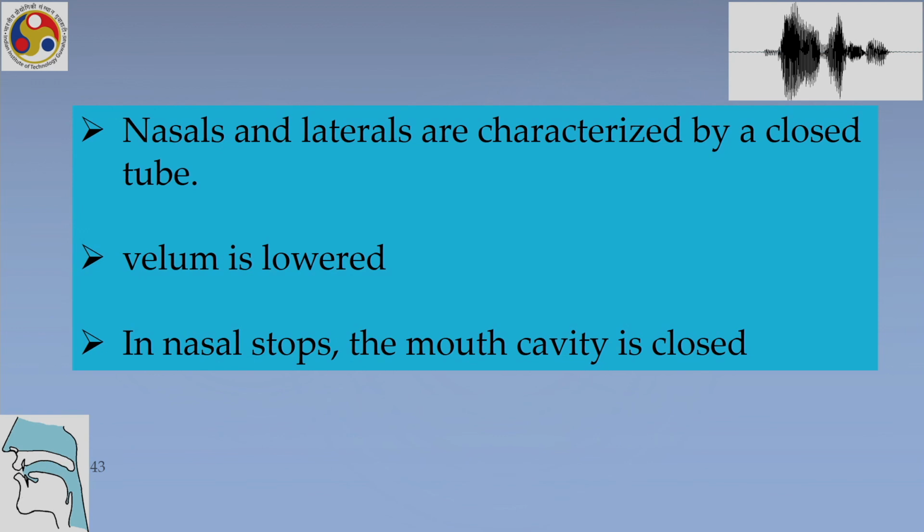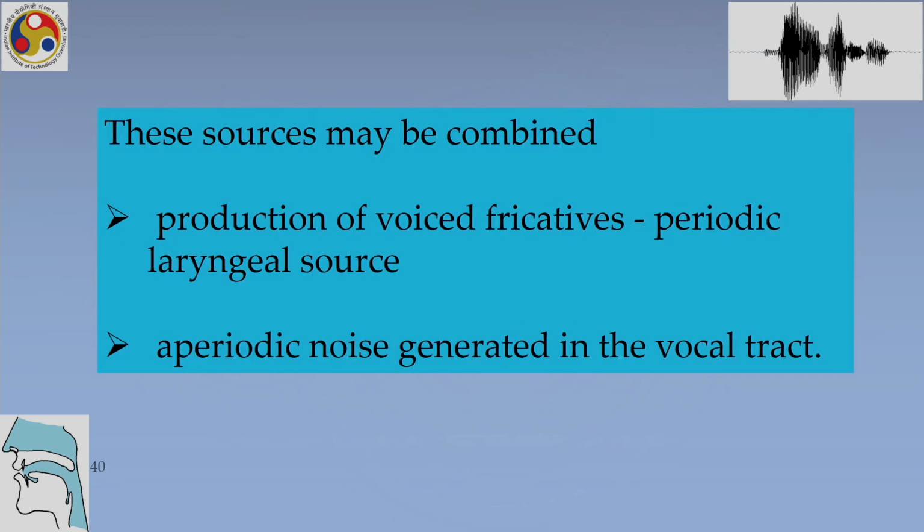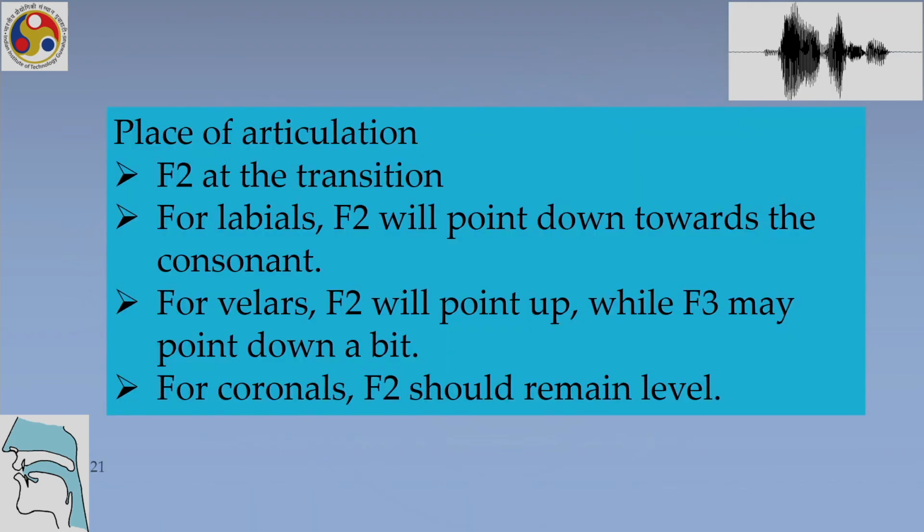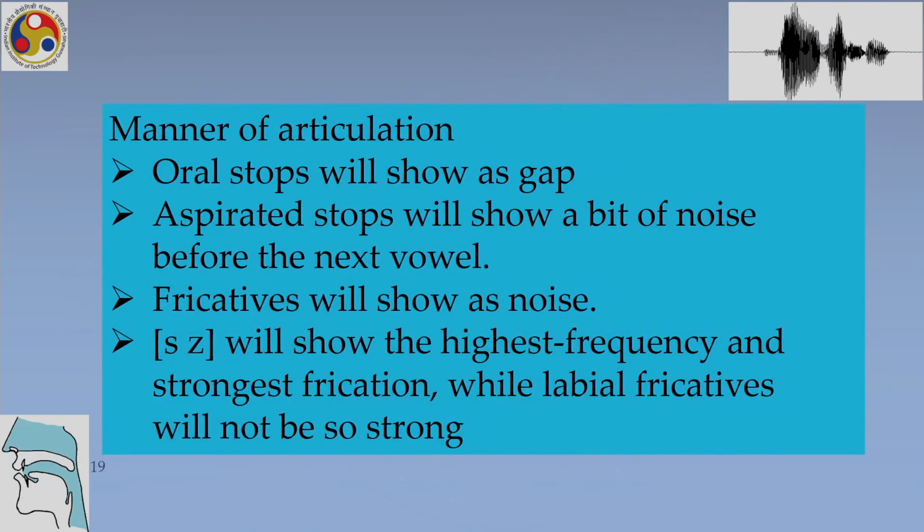Okay, now we saw a bit about the source and filtering effects in consonants. Now let us see the spectrograms themselves. Couple of things that you will remember when we look at these spectrograms. It is important to remember that oral stops will show up as a gap.